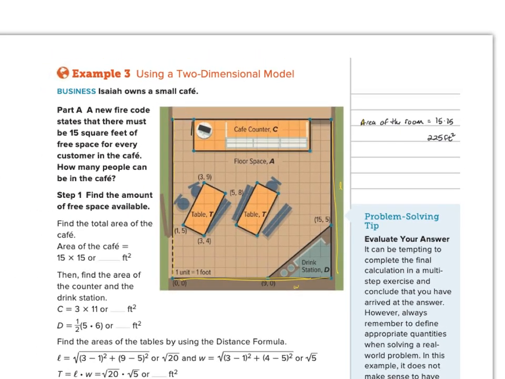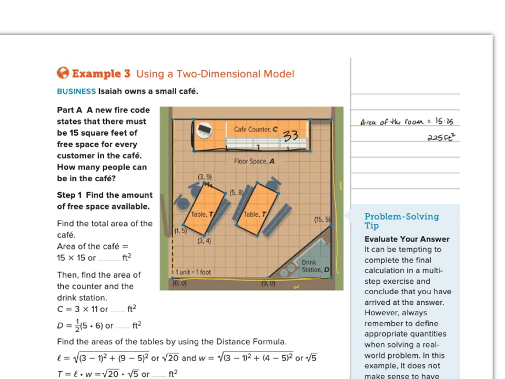For example, here the countertop looks like it's 3 times, I think, 11. 3, 6, 9, 10, 11. Okay, so 3 times 11, so we could say, hey, that's 33 feet. So I need to remove that from my total area.